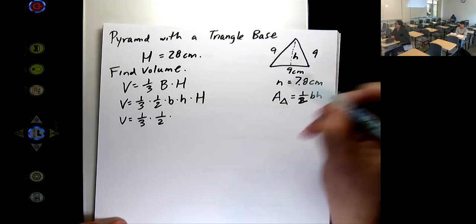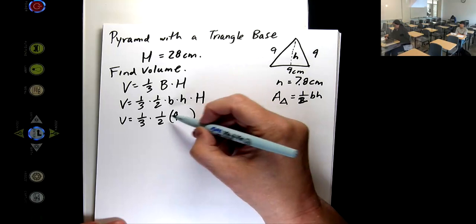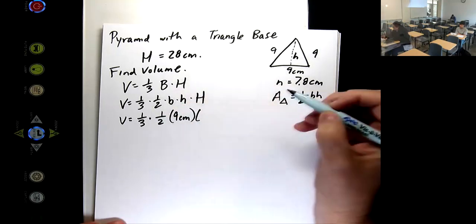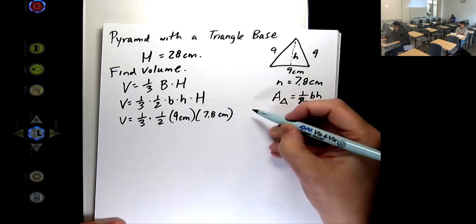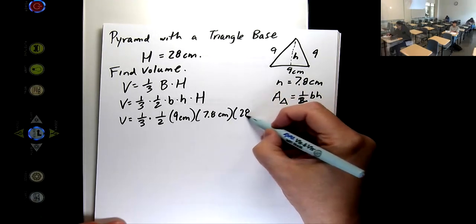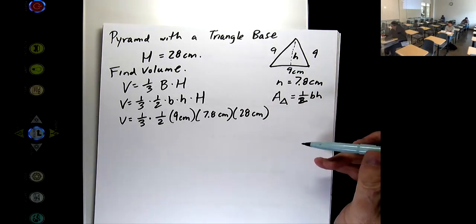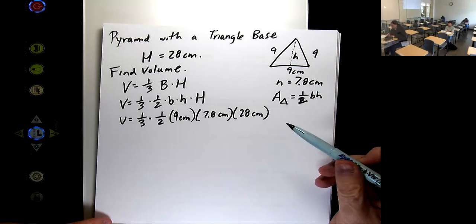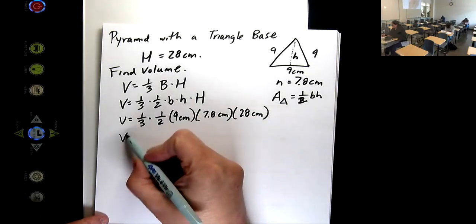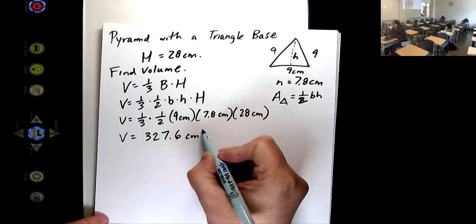My little base is 9 centimeters, my little height is 7.8 centimeters, and my big height is 28 centimeters. When I multiply that all together, I get 327.6 cubic centimeters.